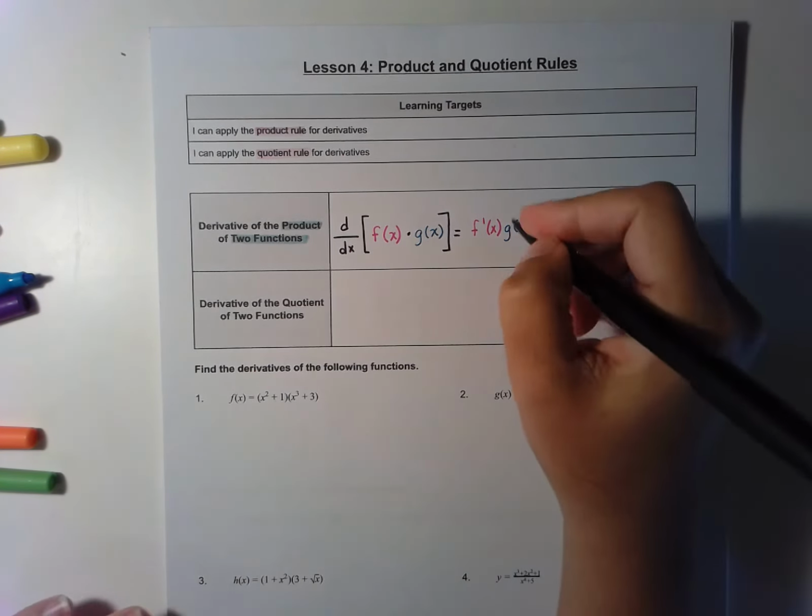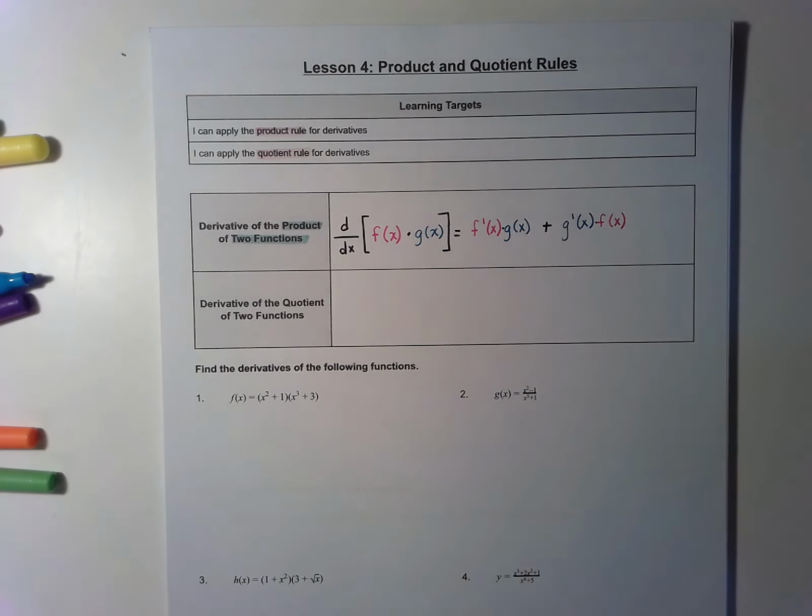Now you'll notice these are being multiplied together. So it's f prime of x times g of x and then plus g prime of x times f of x. But when I say this in my head so that I can remember the rule, I usually say it as the derivative of the first times the second plus the derivative of the second times the first.